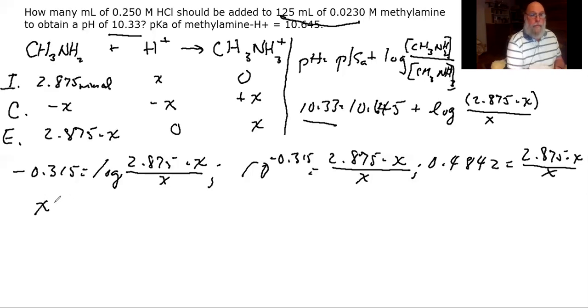It's not too hard from this point. So X is going to be equal to 1.94 millimoles of acid.